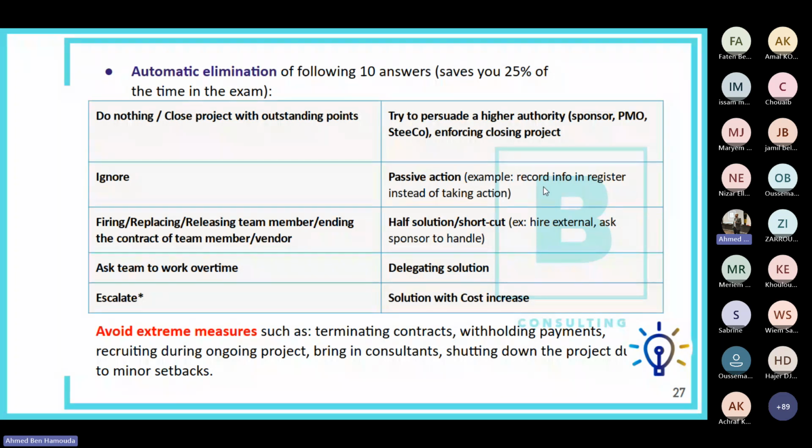Okay, also avoid or eliminate answers that indicate half a solution or a shortcut, such as hiring an external, or asking the sponsor to handle the issue. Now that's a shortcut or an easy solution. Avoid half solutions and pick the answers that have the complete solution, as we mentioned earlier.